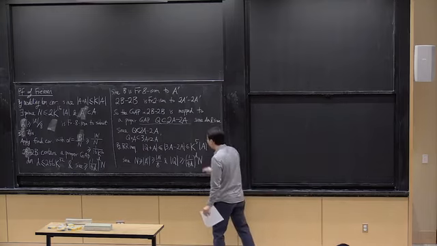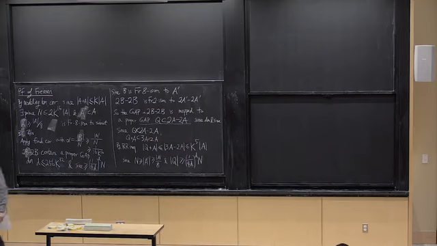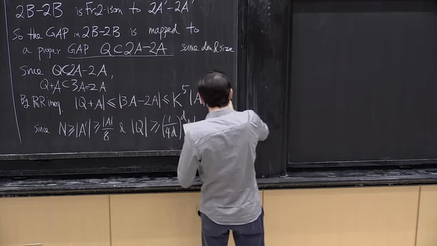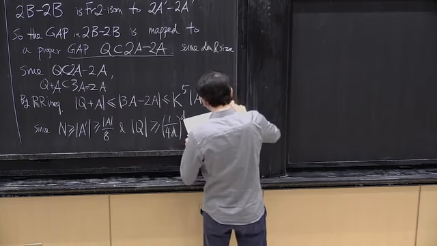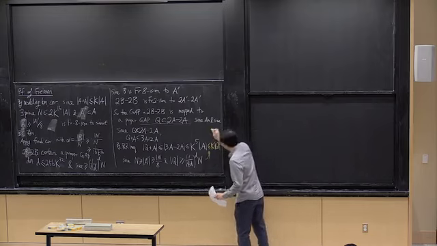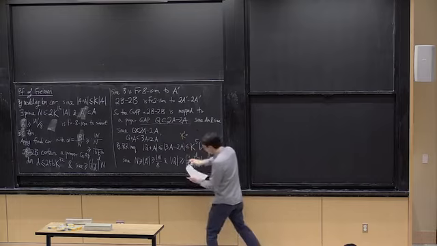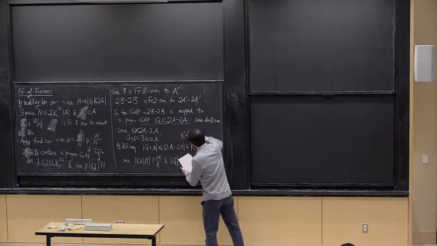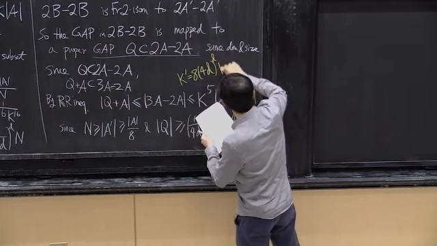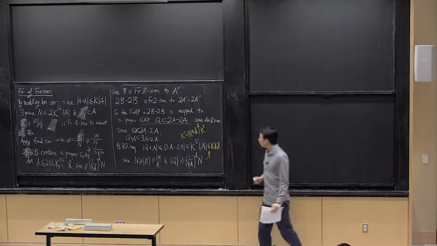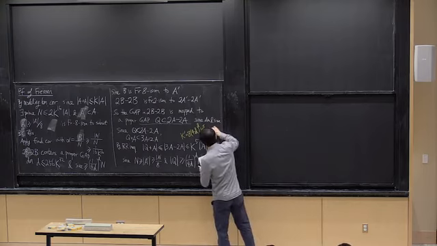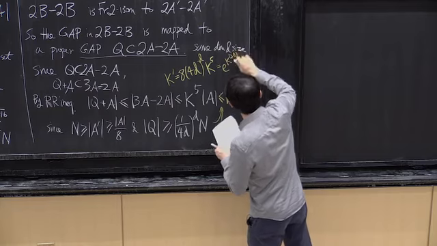So we find that this upper bound earlier on Q plus A, we can write in terms of the size of Q, where K prime is what we get when we put all of these numbers together. What it is specifically doesn't matter so much, other than that it is a constant. D is polynomial in K, so what we have here is something that is exponential in the polynomial of K.